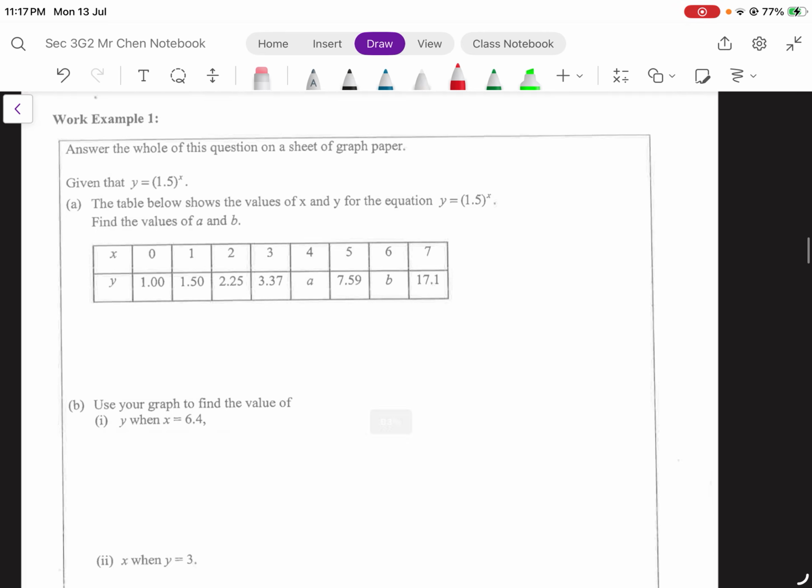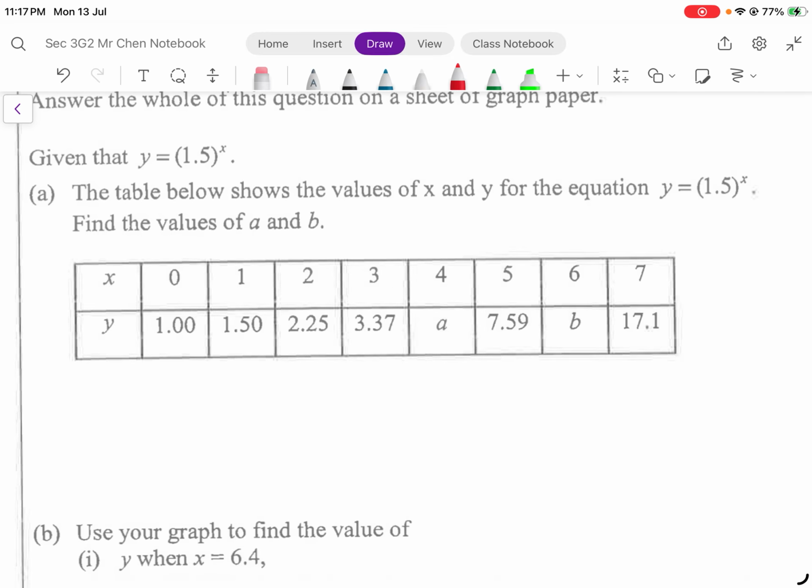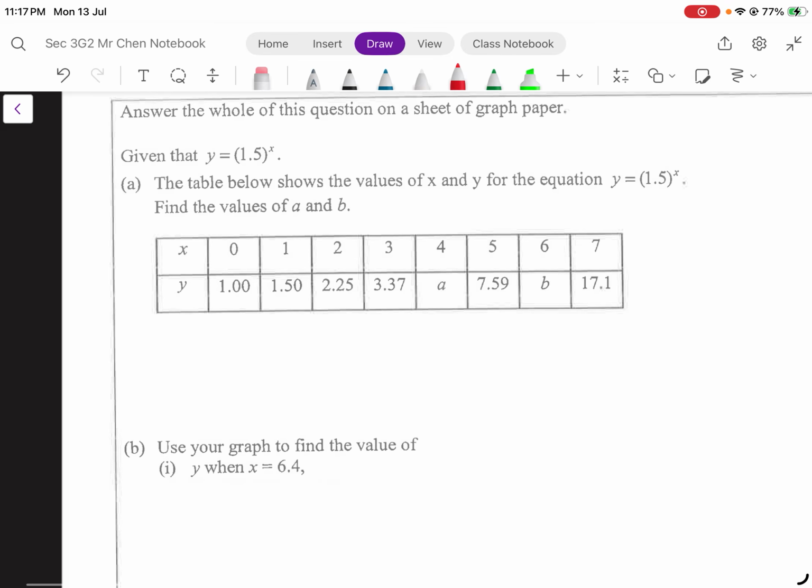Even though both a are more than 1. Okay, so we have this question, right? We don't have a k yet. Our a is 1.5. They ask us to find the values of a and b. So a equals y, which equals 1.5 to the power of 4. All is to 2 decimal places. We will get 5.0625, round off 5.06.